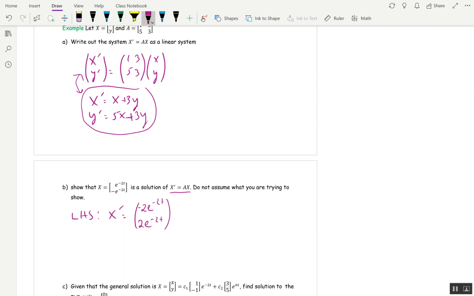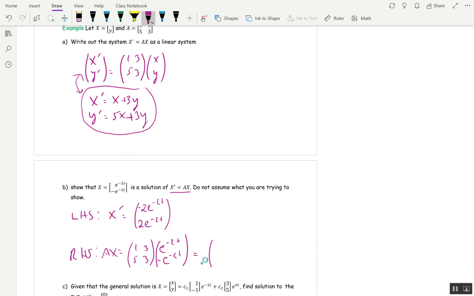Right-hand side is Ax, which is, A was 1, 3, 5, 3, and x is e to the negative 2t, negative e to the negative 2t. Multiply that out, we should get x prime. Let's just make sure.